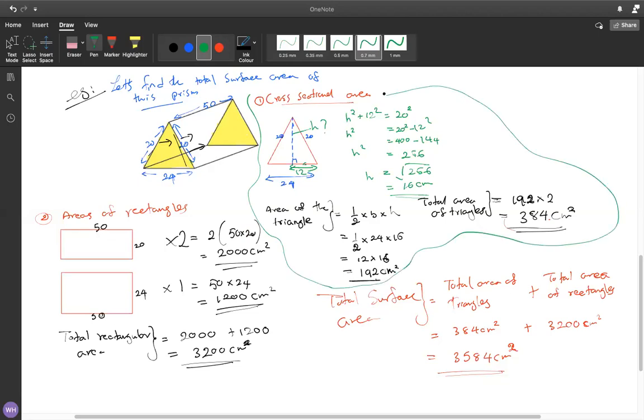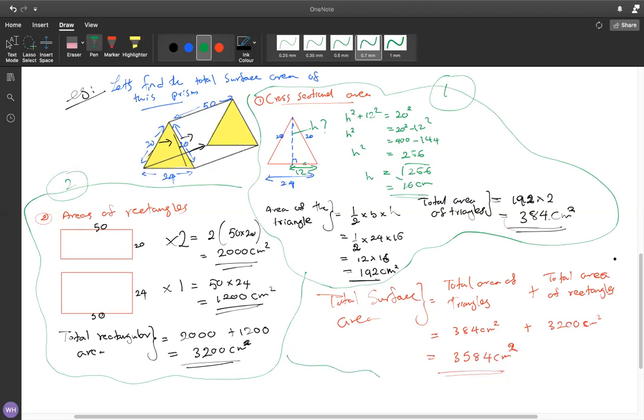Here you can write this as number 1 and then come to number 2. Not cross section, areas of the rectangles, number 2, and then you can go to total area, and that will be the last part, number 3. Right? Cool. Hope everybody understood the thing.